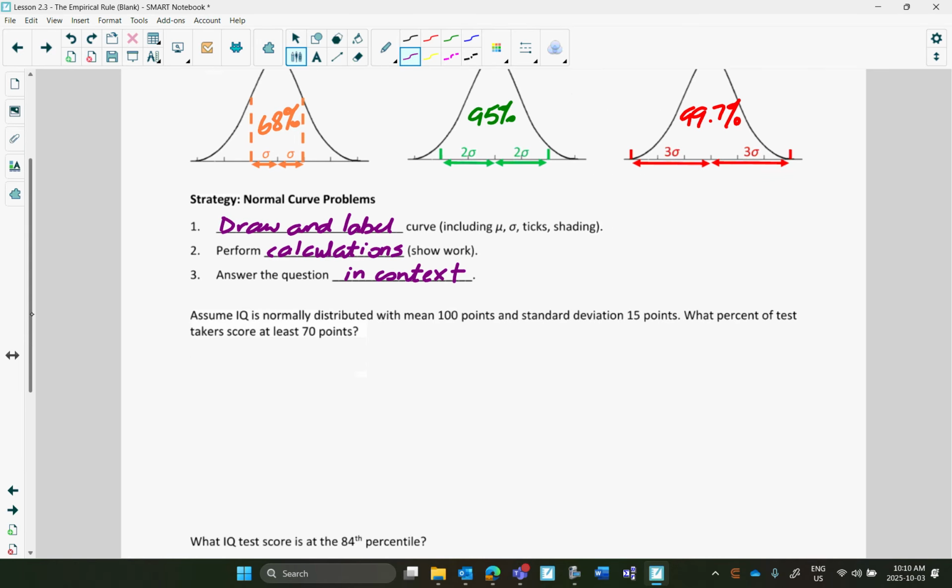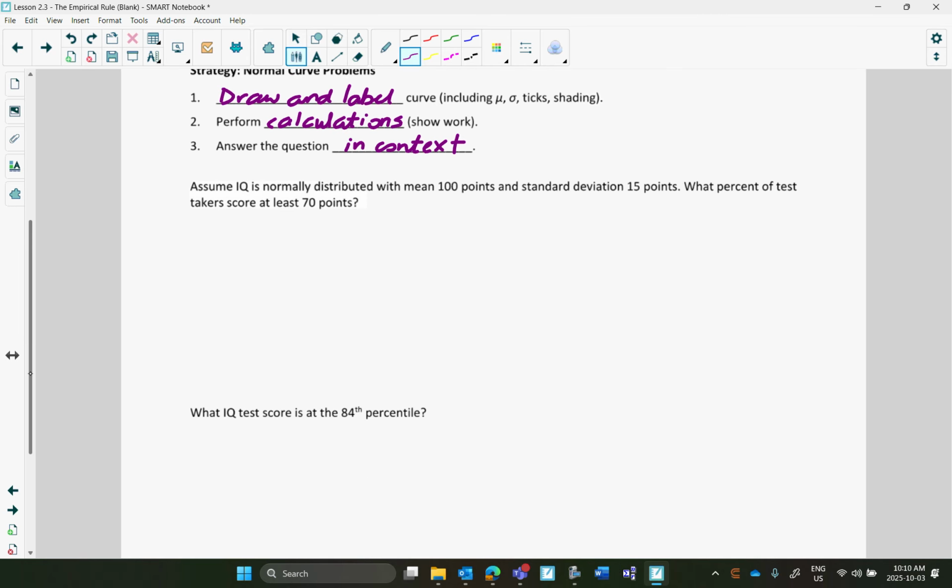Let's do one. We're back to the IQ score. We know that it looks like this. And we saw the values. 100, 115, 130, 145, 85, going the other way, 70, 55.